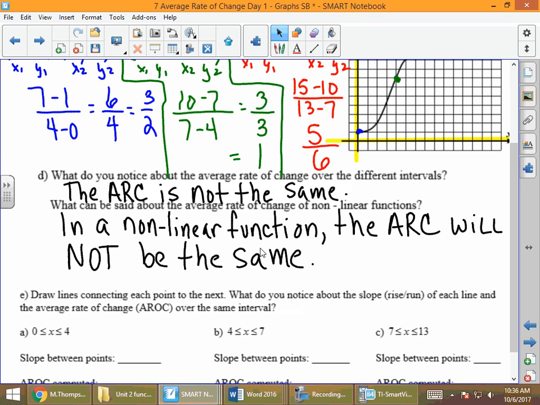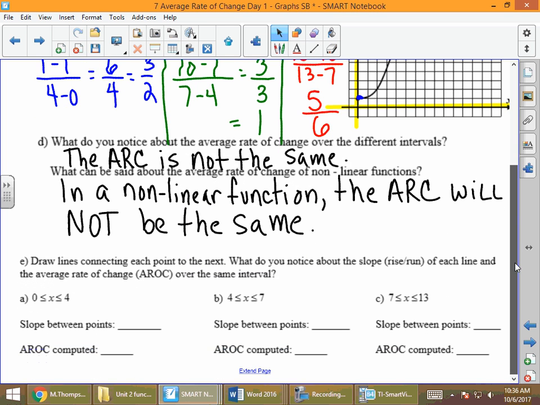As you turn your paper over, we're going to look at part E now, which says draw lines connecting each point to the next. And what we want to notice, what do we notice about the slope, the rise over the run of each line, and the average rate of change over the same interval? So we just did the average rate of change on the front side.